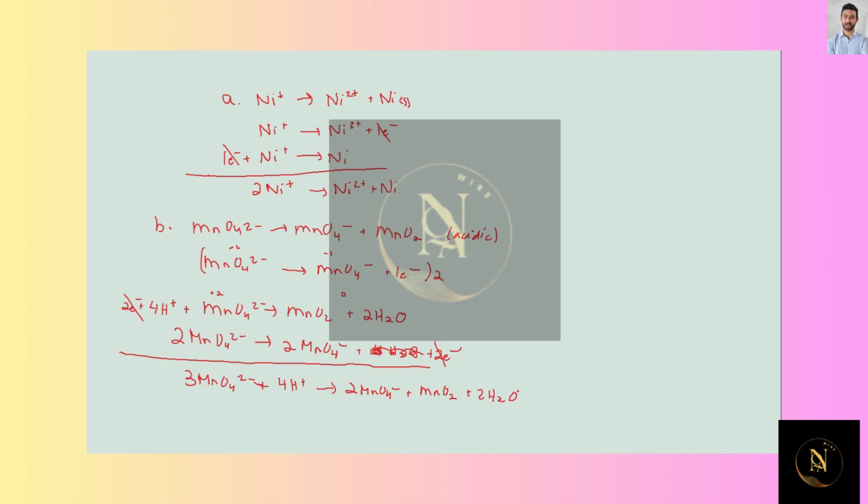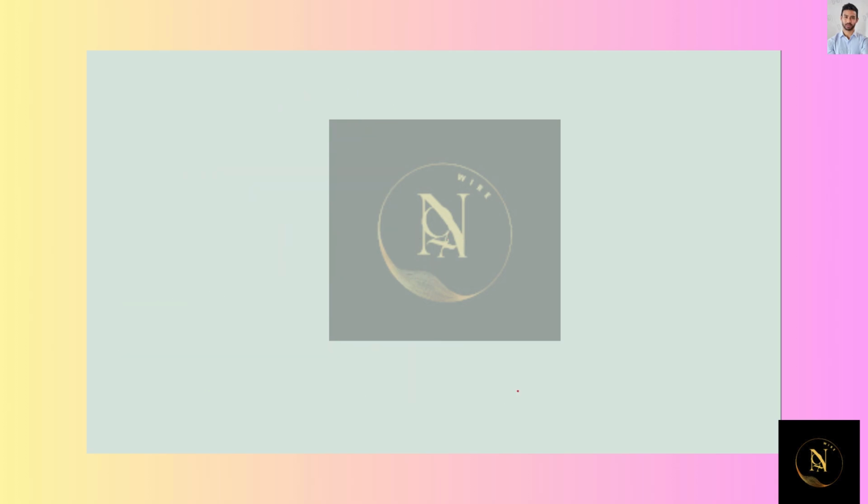So that's question B. Let's get a clear screen here. In C, I am balancing H2SO3, which goes to S and HSO4-, and again, that is going to be under acidic conditions.